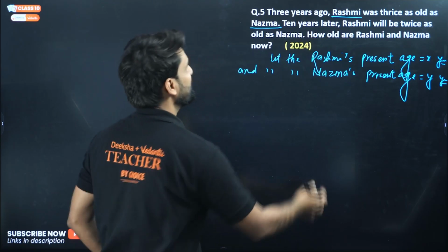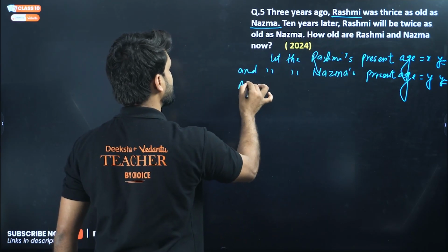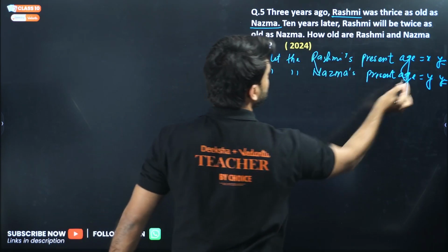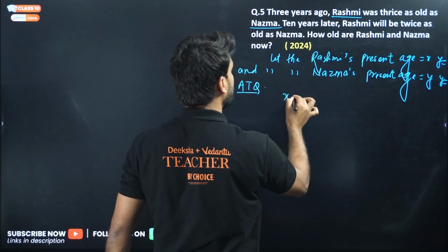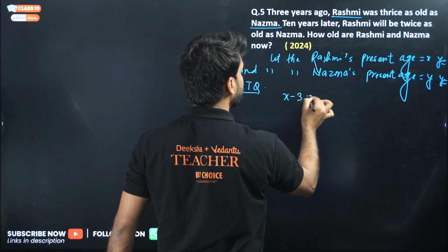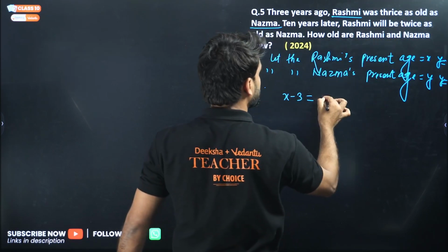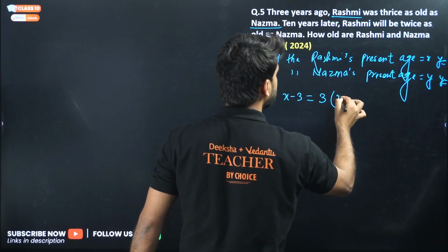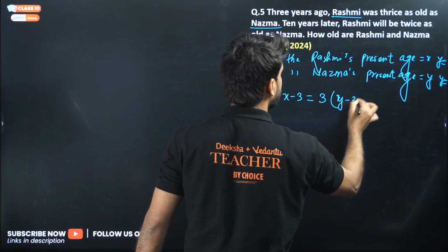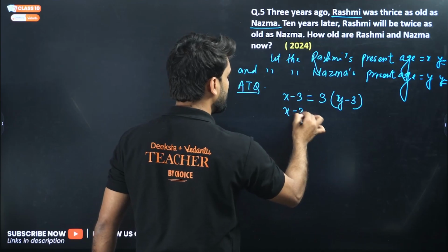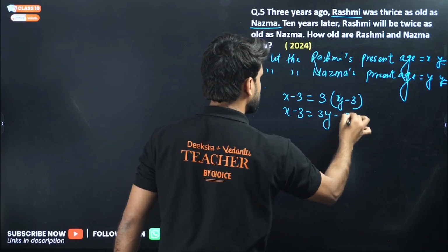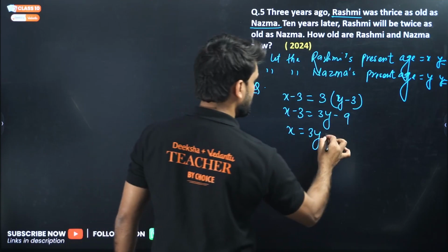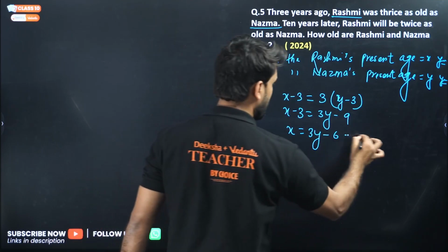So according to the question, the first equation: 3 years ago Rashmi's age was x minus 3, and she was thrice Nazma's age, which was y minus 3. Can we open the bracket? So this will be 3y minus 9. So we can write x equals 3y, and on shifting this minus 3 that side, this will be minus 6. So we have the first equation.